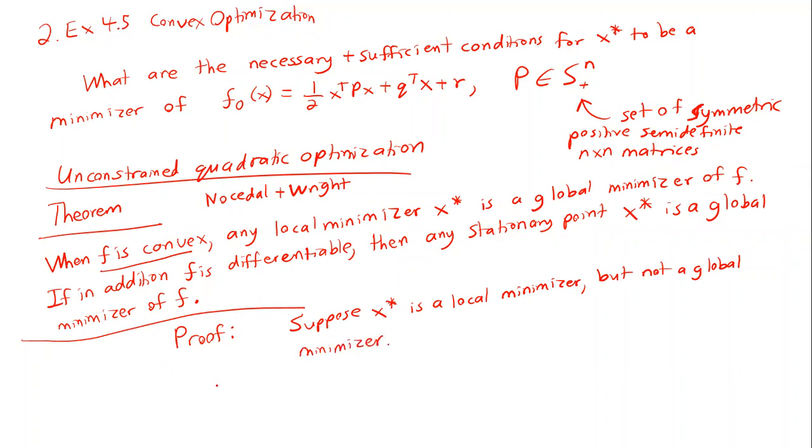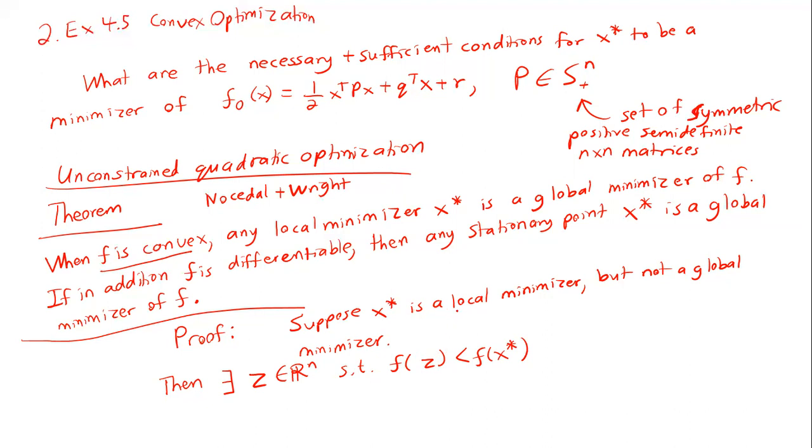So if that's the case, then there has to exist some z in Rn such that f of z is less than f of X star, because that would be the idea that f of X star takes some value, but f of z is even lower. That's why f of X star is not the global minimizer. If it was the global minimizer, then there would be no other point that's doing better than it. So since we said it's not a global minimizer, there's some other point that minimizes the objective function more.